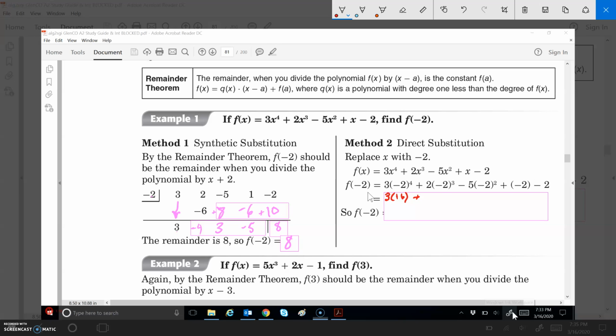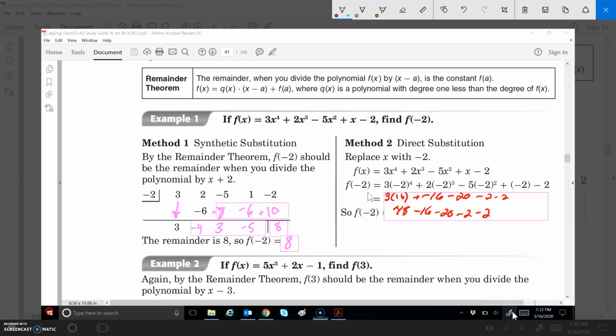Negative 2 times negative 2 is 4, times negative 2 is negative 8. Negative 8 times 2 is negative 16. Negative 2 squared is 4. 4 times negative 5 is negative 20. And we have minus 2 and minus 2. So I have 48 minus 16 minus 20 minus 2 minus 2.